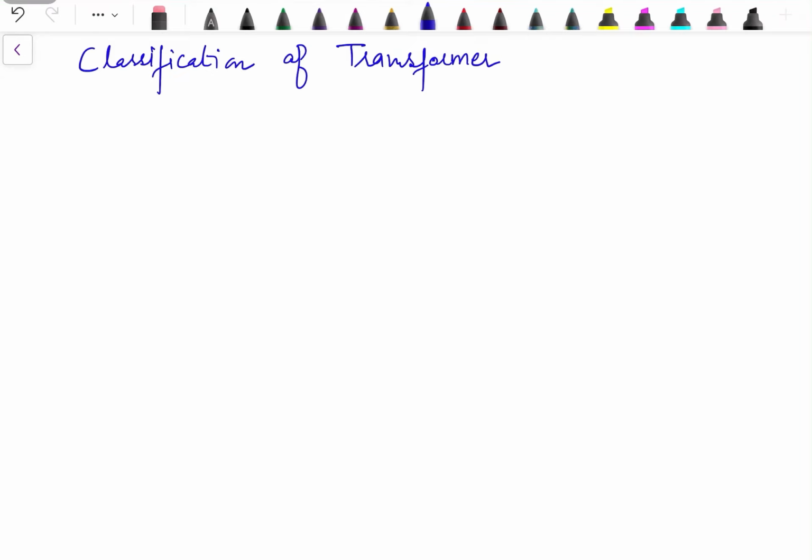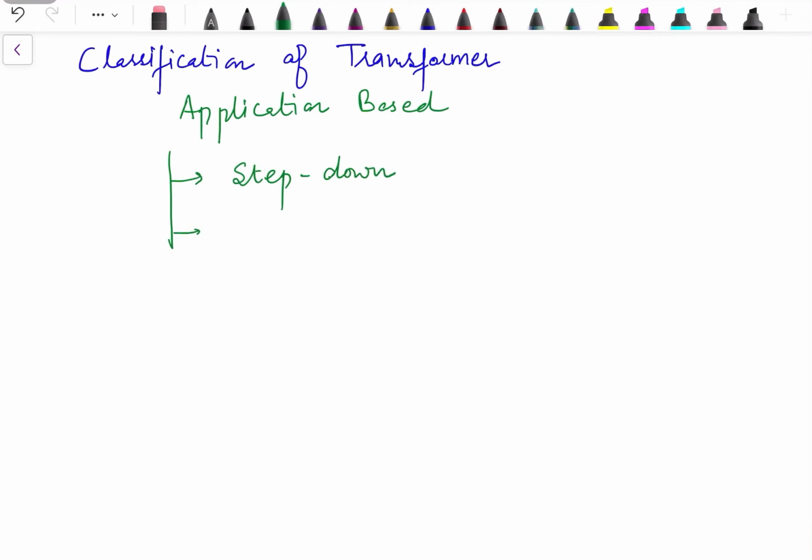So on the basis of application, we have two types of transformer: step down or step up.